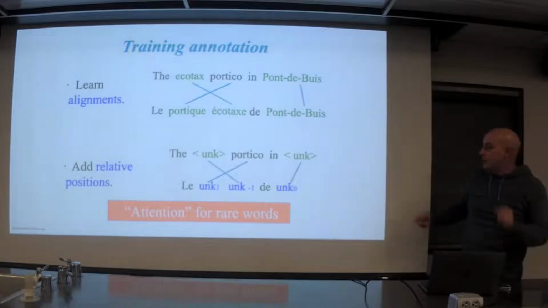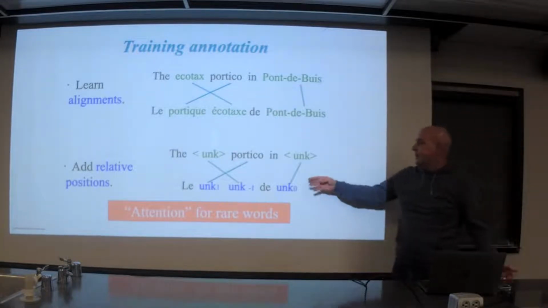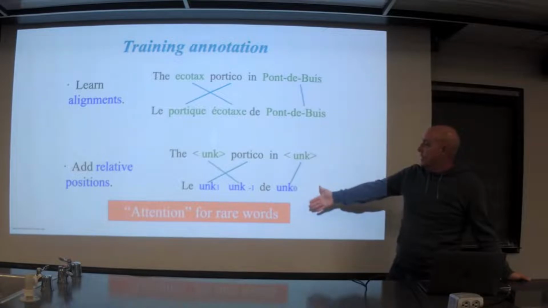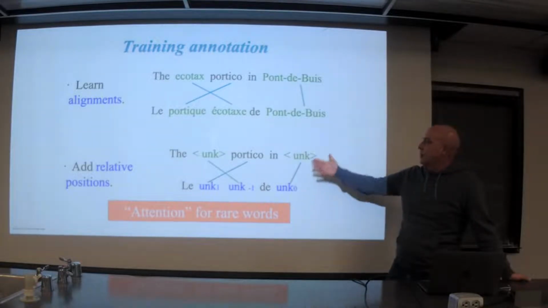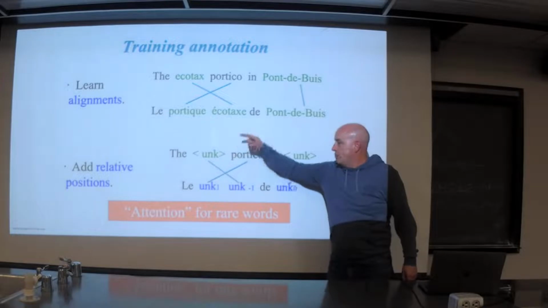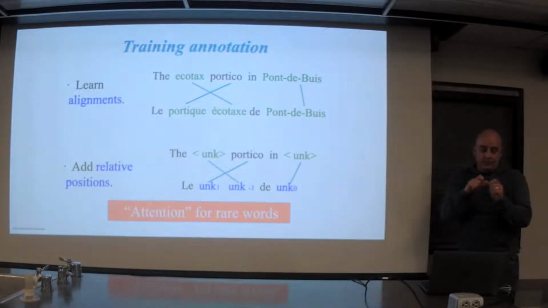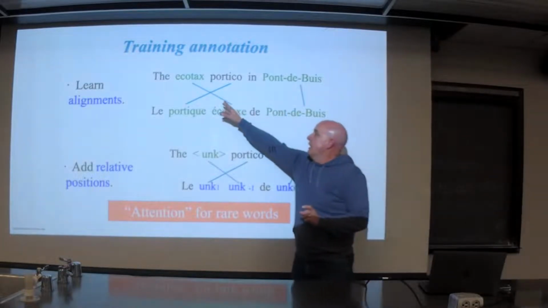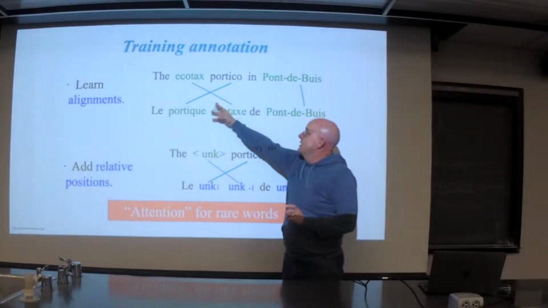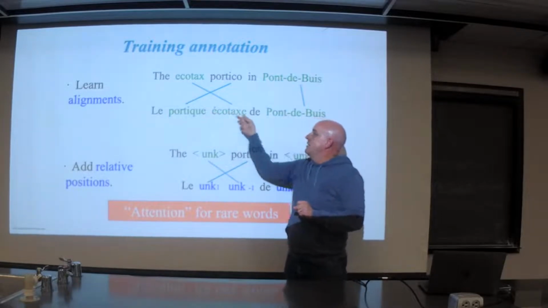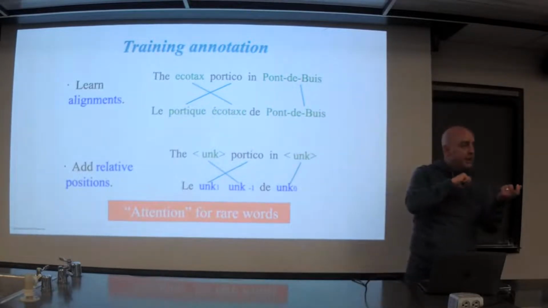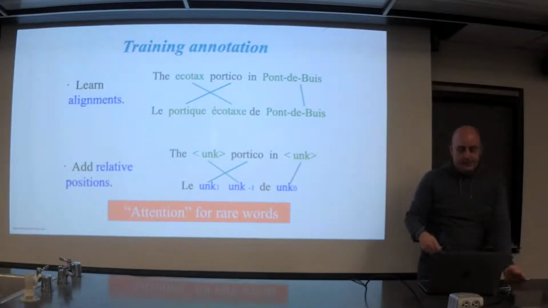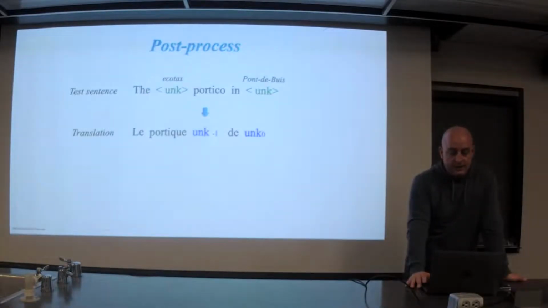While we do have these unknowns, we want to keep track of the order in which, when we do the translation, we still translate unknown words, but to these unknown tokens. We want to keep track of which of the unknown tokens up here gets translated into which of the unknown tokens down here. If we can keep track of that, then we can just do this kind of dictionary lookup. And so that's what we do.